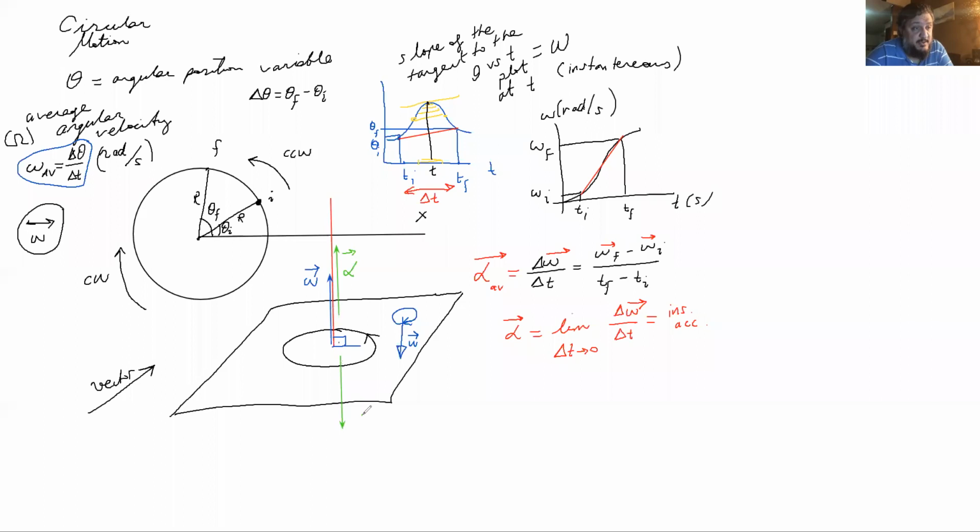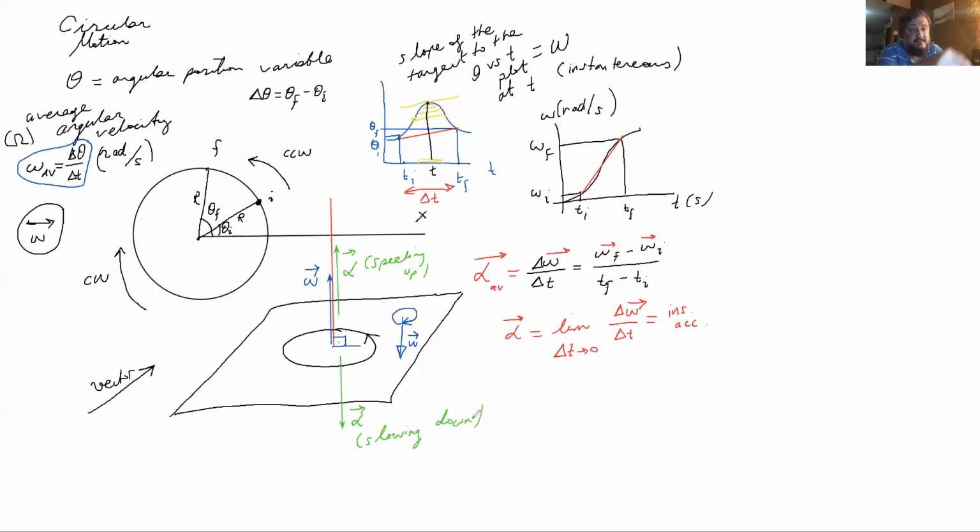If it is slowing down, it is anti-parallel. Okay? If these two are parallel, it's speeding up. If omega is up, but alpha is down, or omega down, alpha is up, if they point in opposite directions, this means that the object is slowing down.